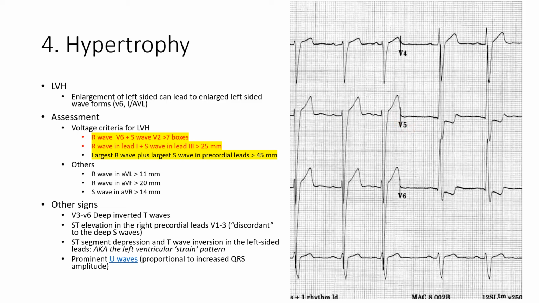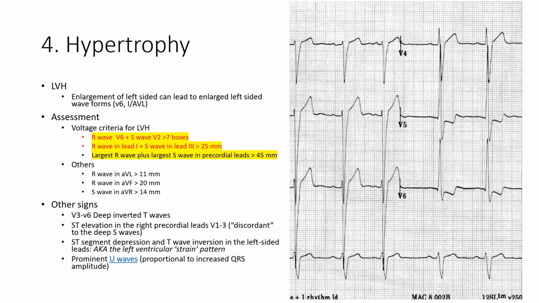When I look at the S wave in V2, it appears to be 1, 2, 3, 4, 5, 6, 7 boxes deep. If I add that to the R wave in V6, which is at least 1, 2, 3, 4, that's 11 boxes, meaning this patient likely has left ventricular hypertrophy.